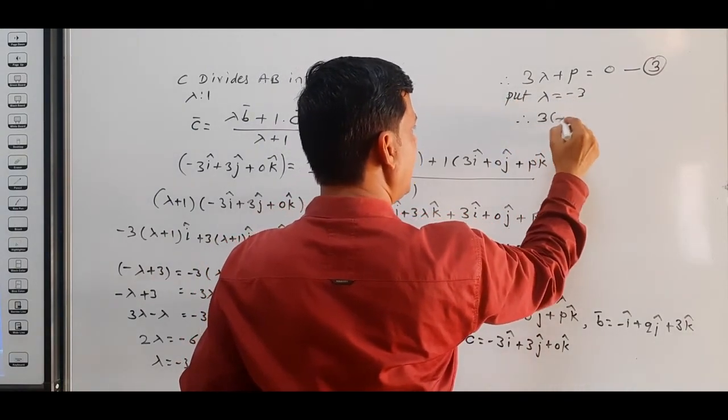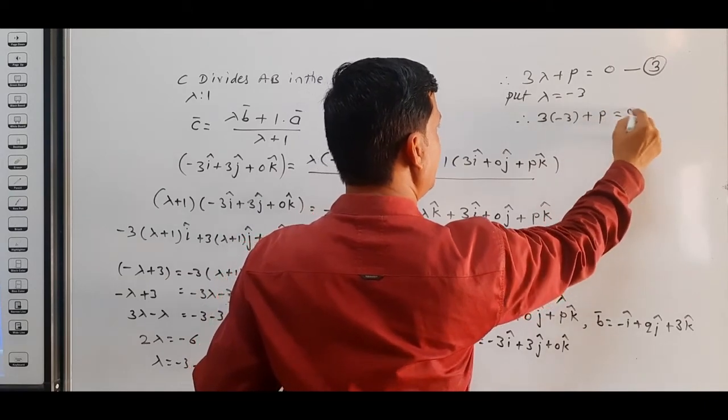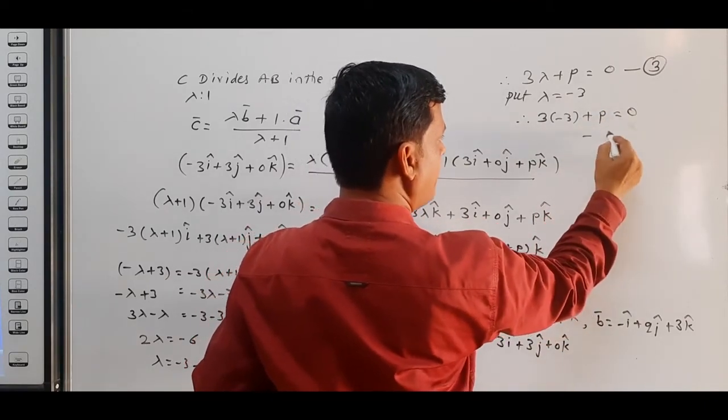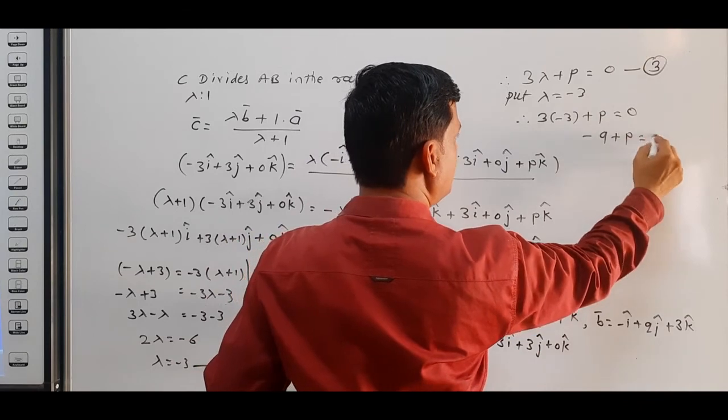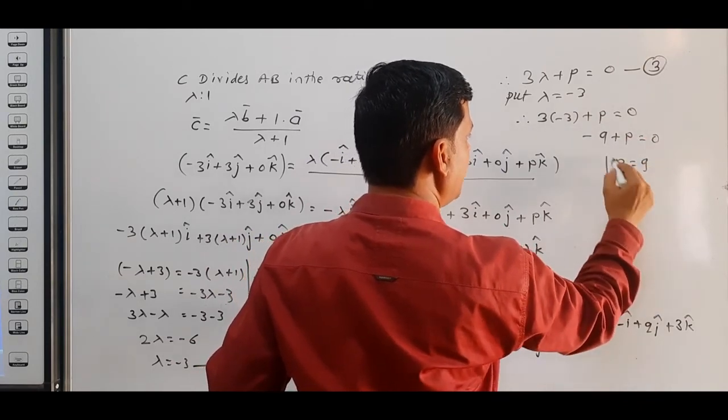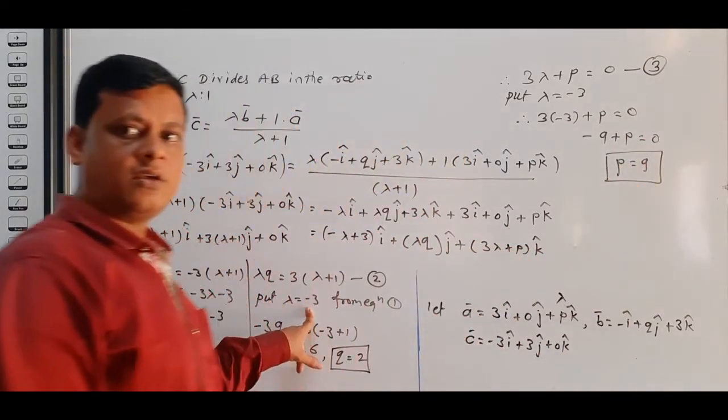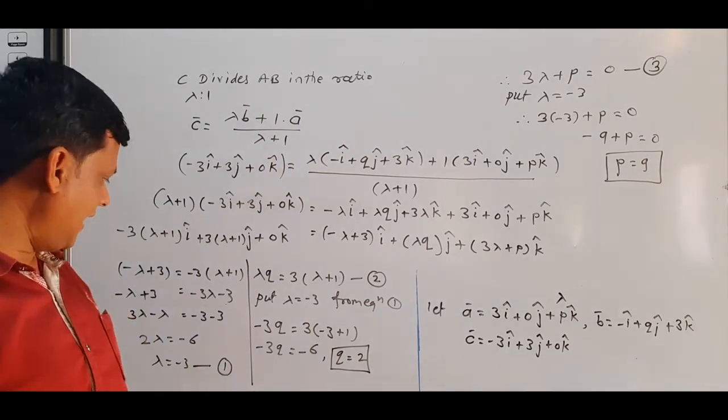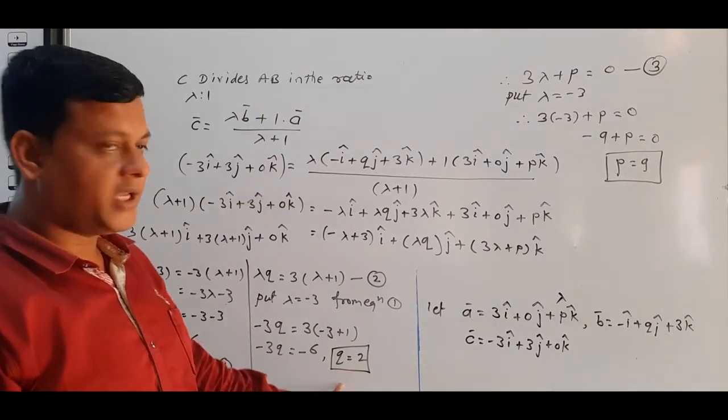Therefore 3 into -3 plus p equals 0, that means -9 + p equals 0, that means p is equal to 9. So in this way we can find the values of p and q.